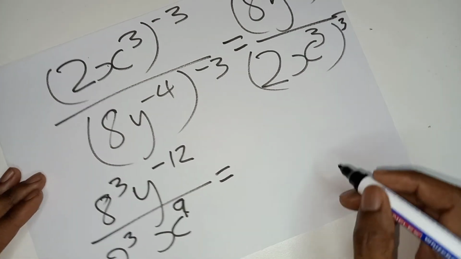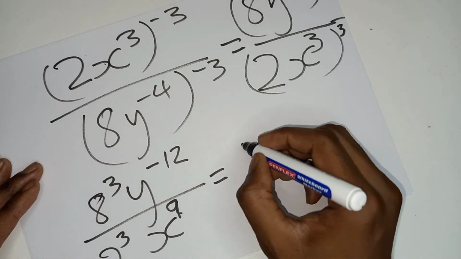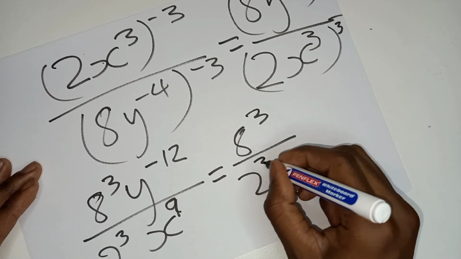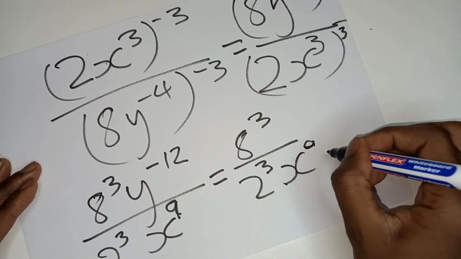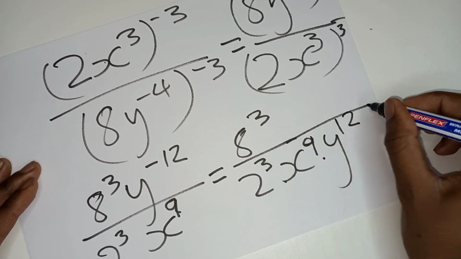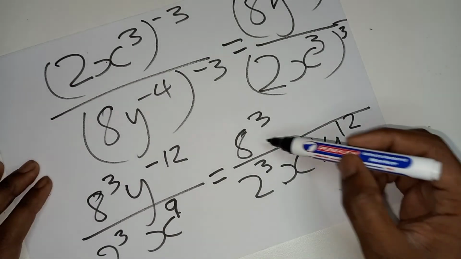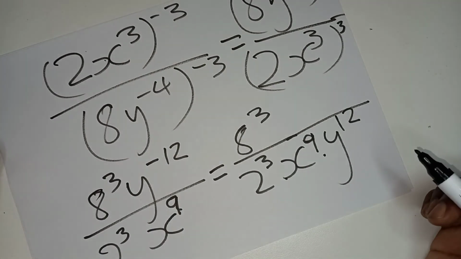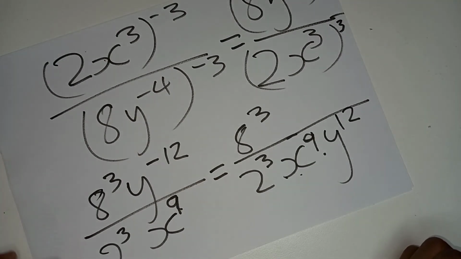So I can have this as 8 to the exponent of 3 divided by 2 to the exponent of 3 times x to the exponent of 9 times y to the exponent of 12. And you have it like that. So you have these two as numbers that can be simplified somehow, and then you have these two that there's nothing you can do between the two.